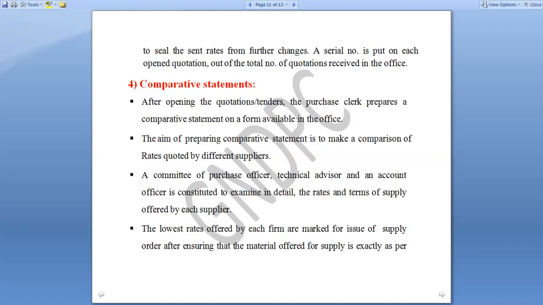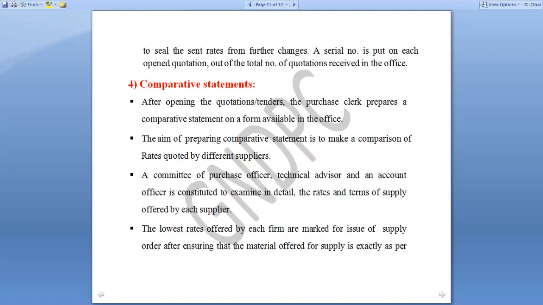Next is comparative statements. After opening the quotations, the purchase clerk prepares a comparative statement on a particular format. The actual aim of preparing a comparative statement is to compare the rates quoted by different suppliers.